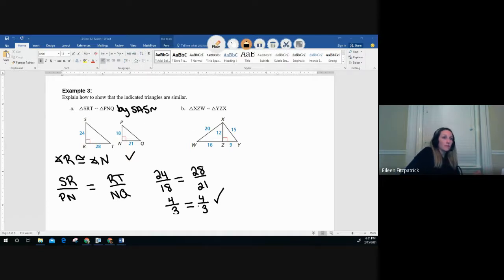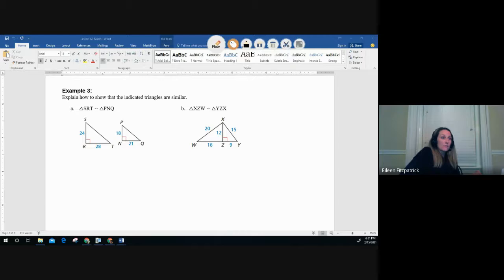Okay. For the next example, you're asked to show the triangle XZW, this one here, is similar to triangle YZX. So it might be a good idea to redraw the triangles and orient them the same way on the paper.